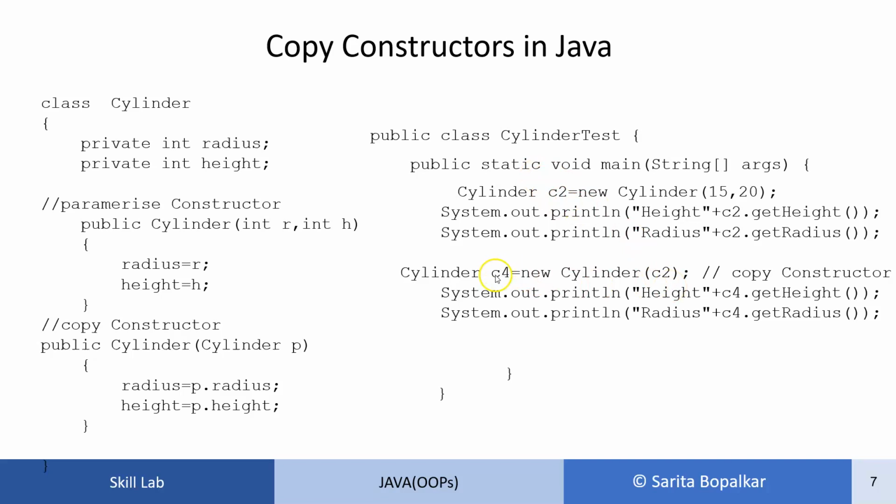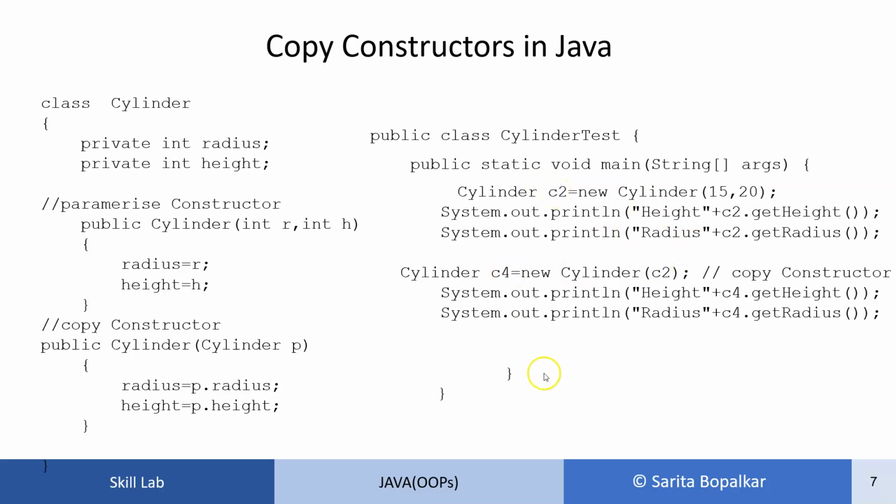So while creating this new object, I am passing this C2 object at the time of creation. So what happens because of this? Whatever the values of the members of the class for this C2 object will get passed here, and I will assign this radius and this height to the radius and height of this new C4 object. So here C4 is an exact copy of the C2 object.